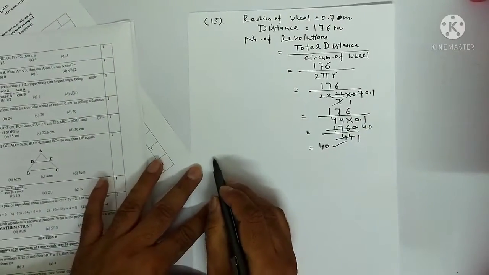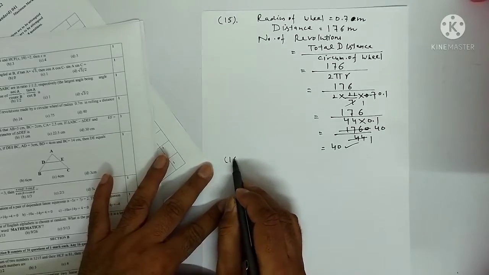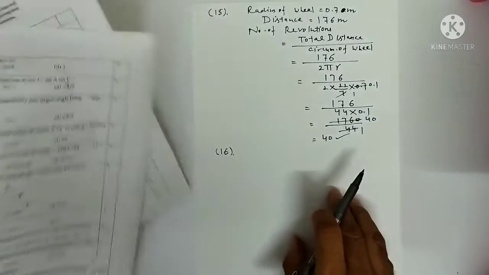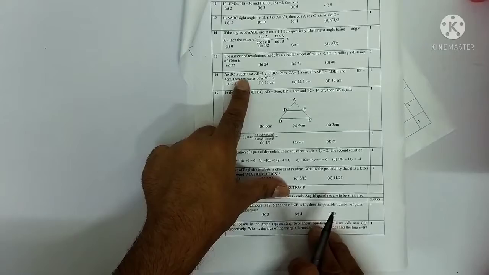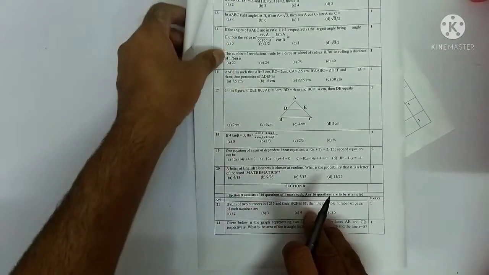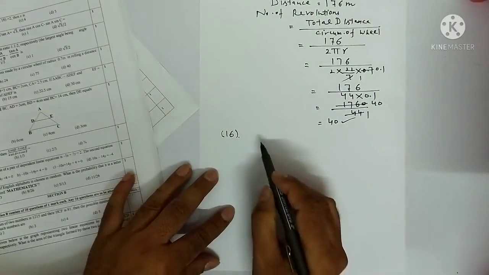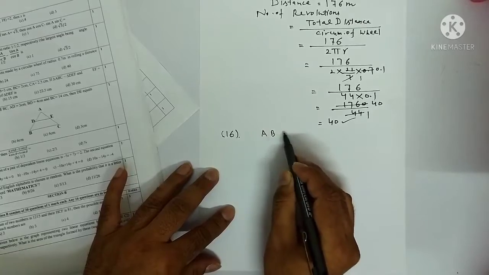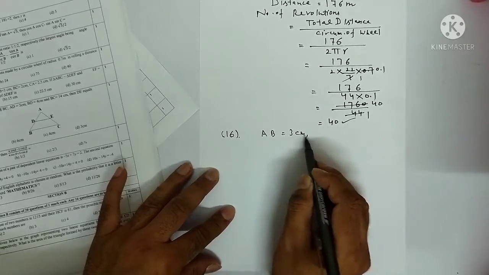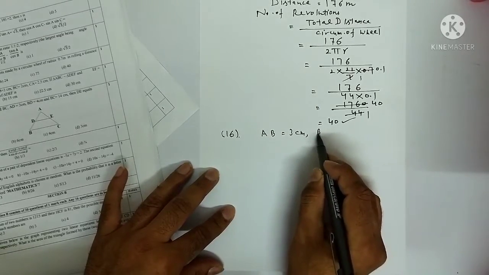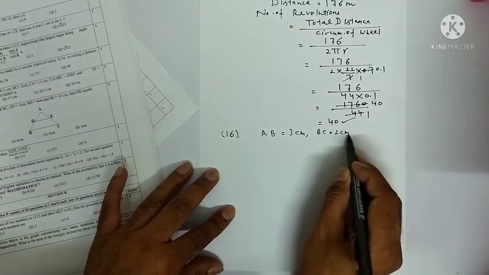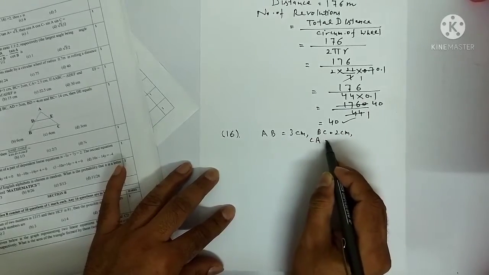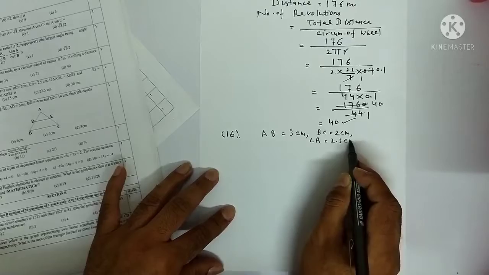So after question number 15, let's do question number 16. Triangle ABC is such that I am writing the measurements of this triangle. AB is 3 centimeter and then BC is 2 centimeter and CA is 2.5 centimeter.